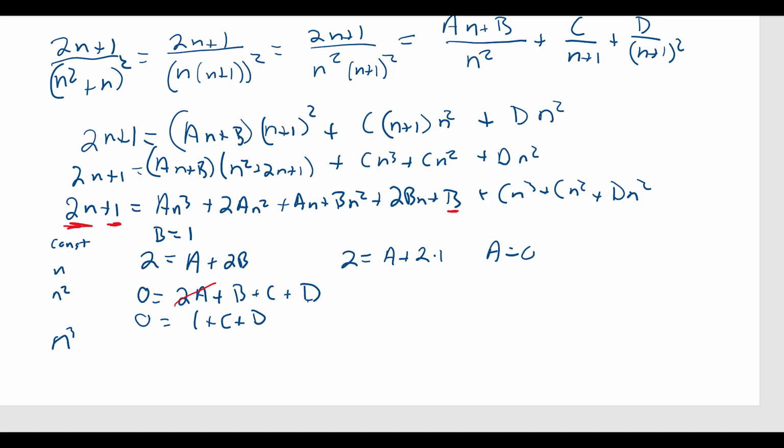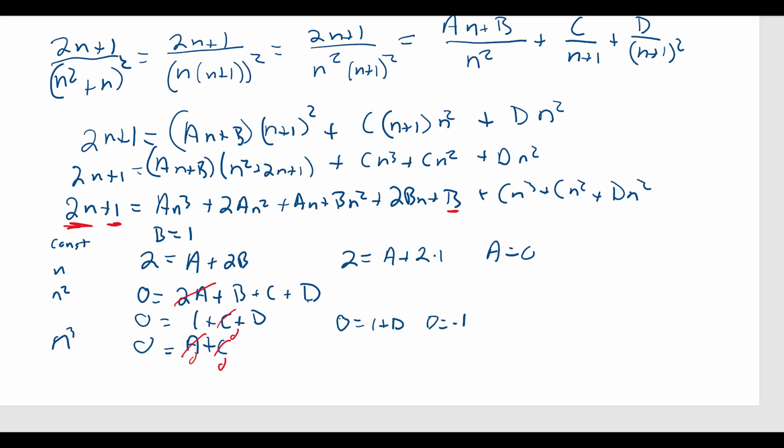For our n cubed, we have a 0 on the left. On the right we have a plus c. Since a is 0, c must also be 0. That means 0 equals 1 plus d, so d must be negative 1.